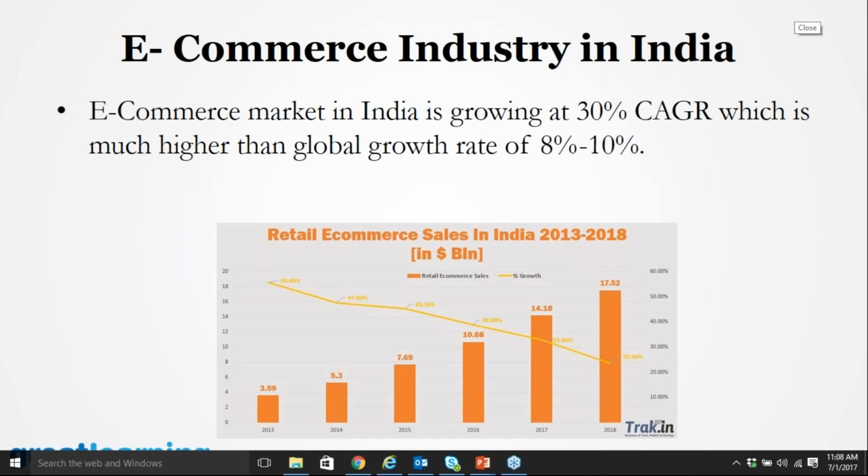So in 2017, the expected growth is 32% in the e-commerce market, and it is expected to be a $14.18 billion market in India. So still a lot of scope in this particular industry.